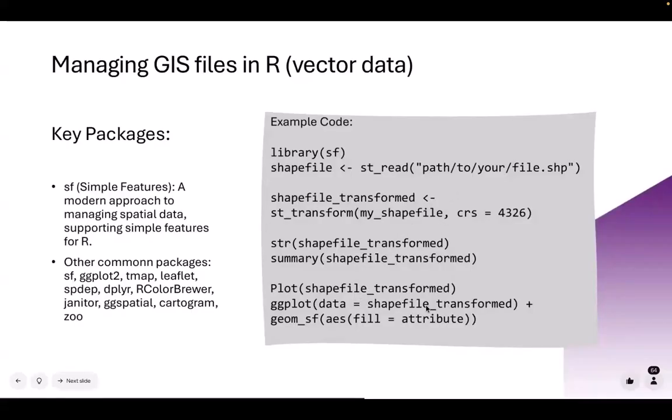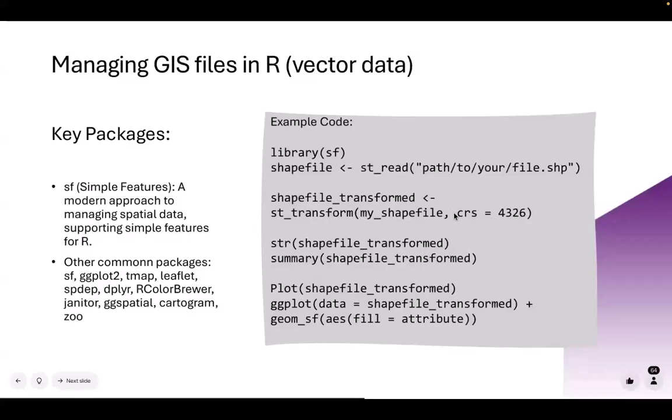In the latter part of this code, we also see how we are transforming the shapefile into the correct coordinate reference system. And you might be thinking, I have no idea what that means. I have no idea what you just said, but that's okay because we're going to talk about that a little bit later on. But it basically just ensures that all spatial data is aligned properly.